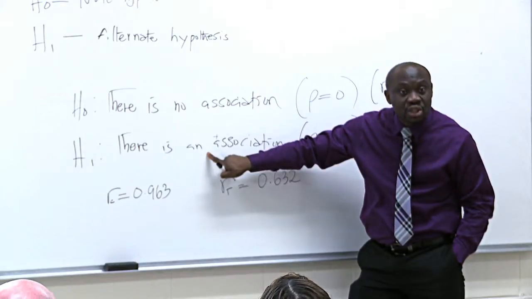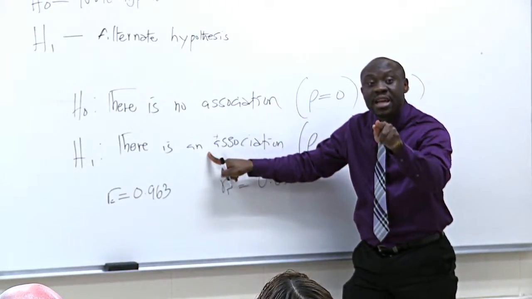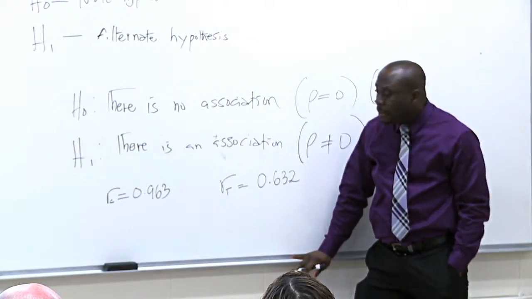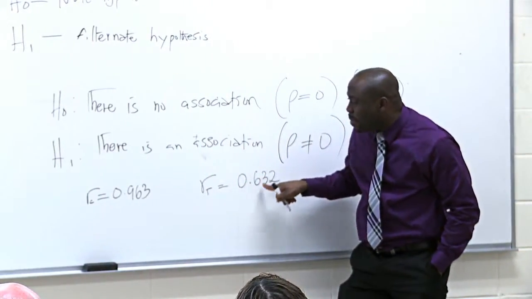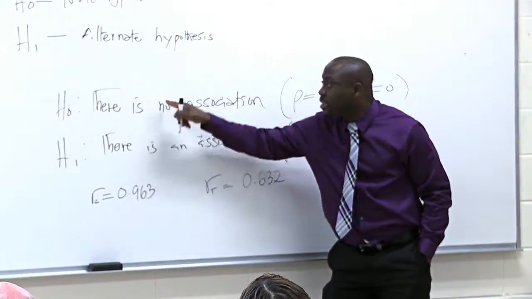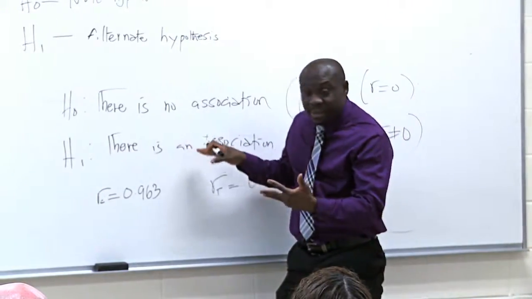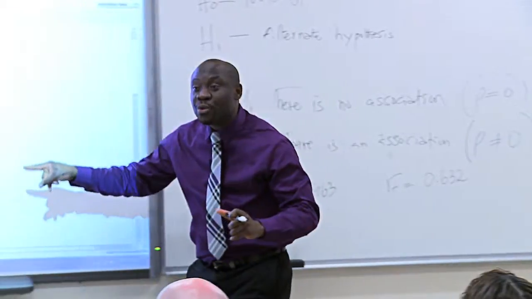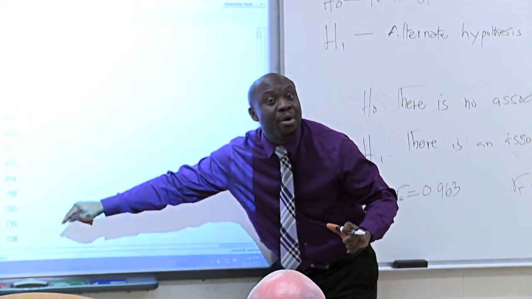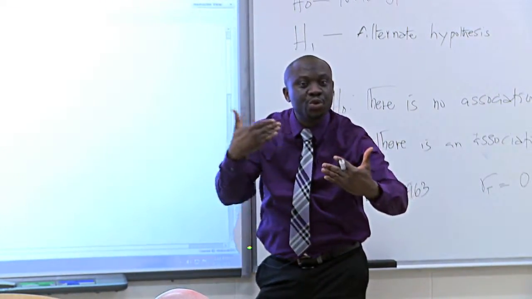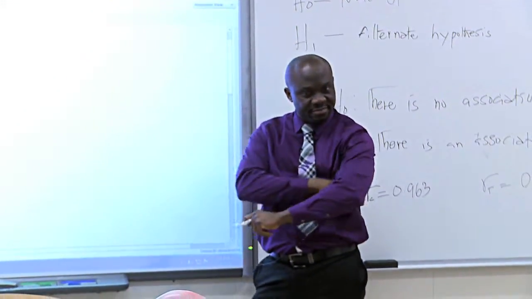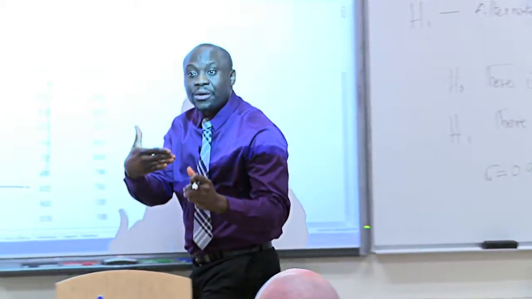There is an association between the savings and the income. But then if this value had been bigger than that, then we say there is no association. Now, this statement, what I just said, is also written at the bottom of this table. So you do not have to memorize. You don't even need me to write that on the board, but I will.